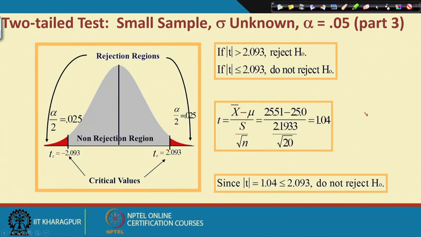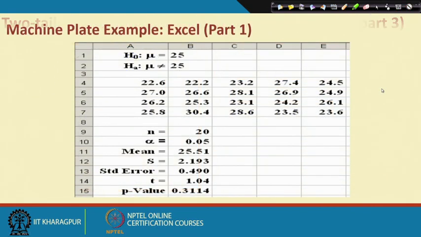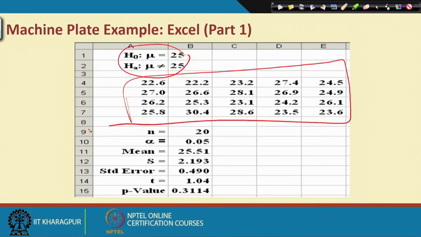Okay. So, now corresponding to this problem, this can be done very easily through an Excel spreadsheet. In the Excel spreadsheet you just specify this particular indication, and these are all sample observations. The total sample observation is 20, and we are specifying alpha equal to 5%.